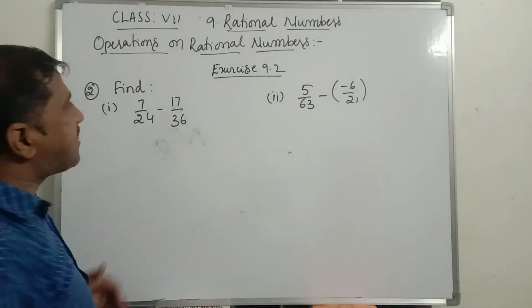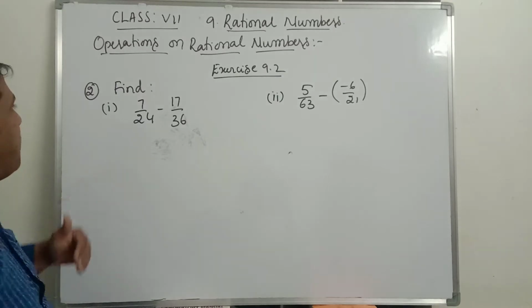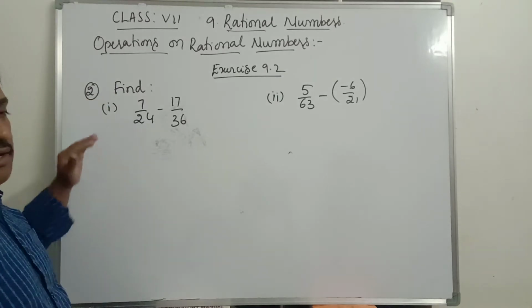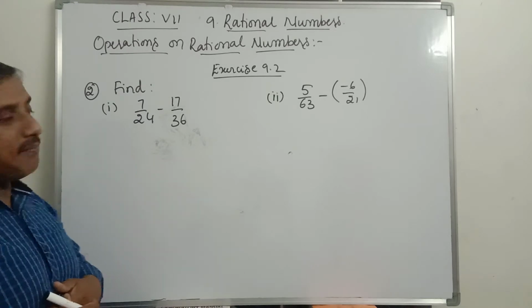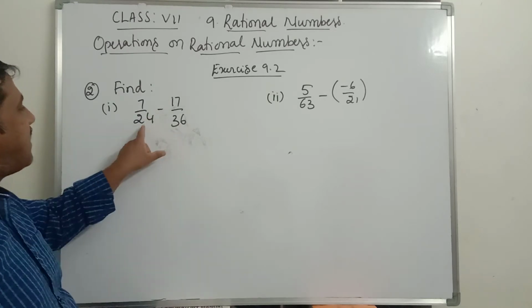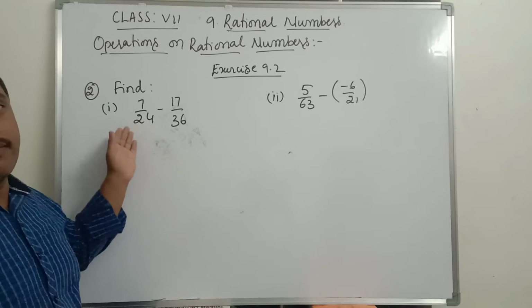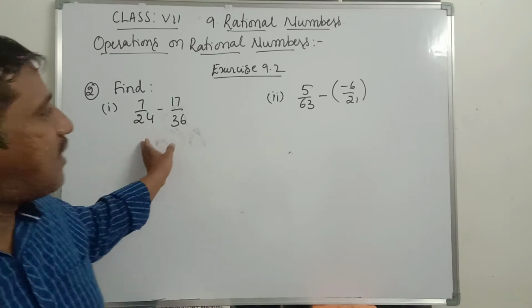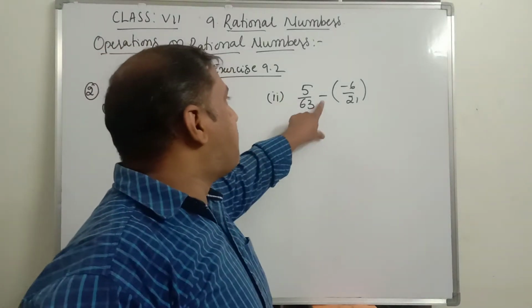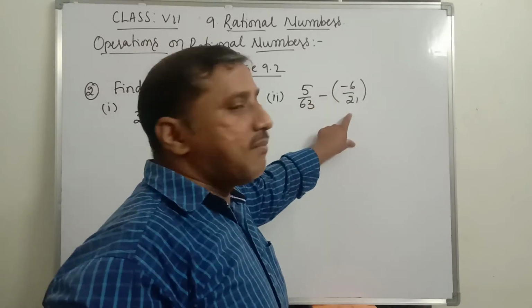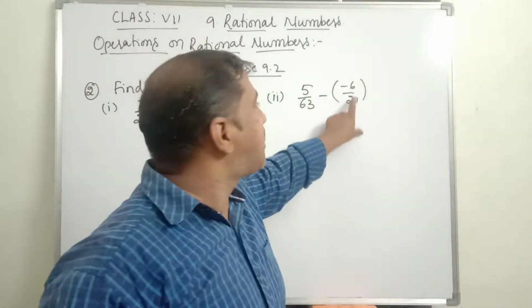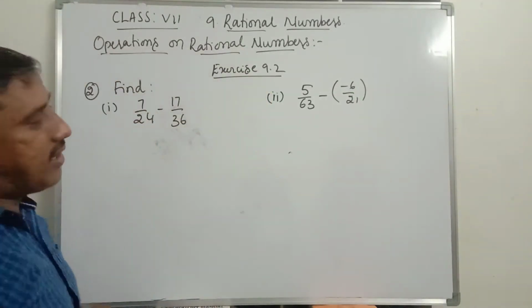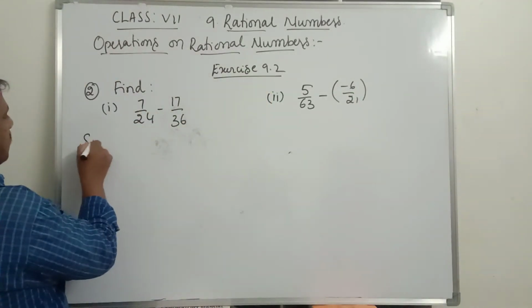Now exercise number 9.2, the second bit. Find the first one: 7 by 24 minus 17 by 36, which means 17 by 36 is subtracted from 7 by 24. Second question: 5 by 63 minus minus 6 by 21. We will solve the first question.